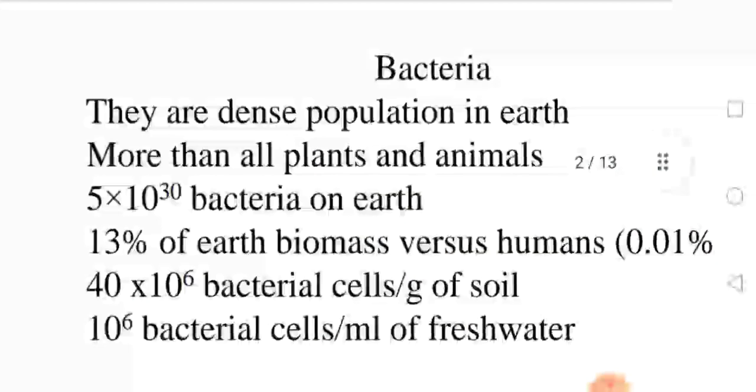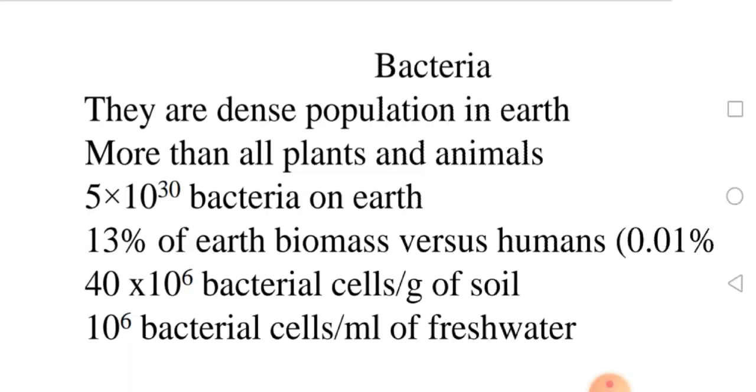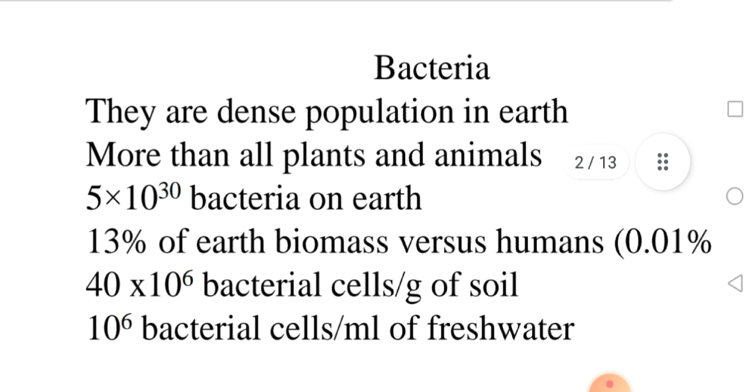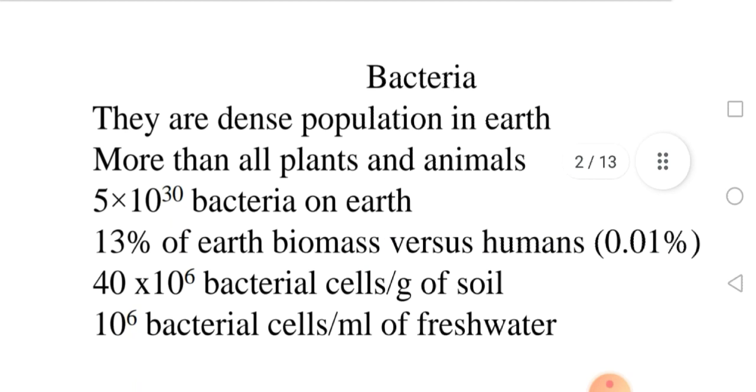Bacteria are a dense population on Earth. They are more than all plants and animals. There are about 5 times 10 to the power 30 bacteria on Earth. They constitute about 13% of Earth's biomass, the living organisms, versus humans.